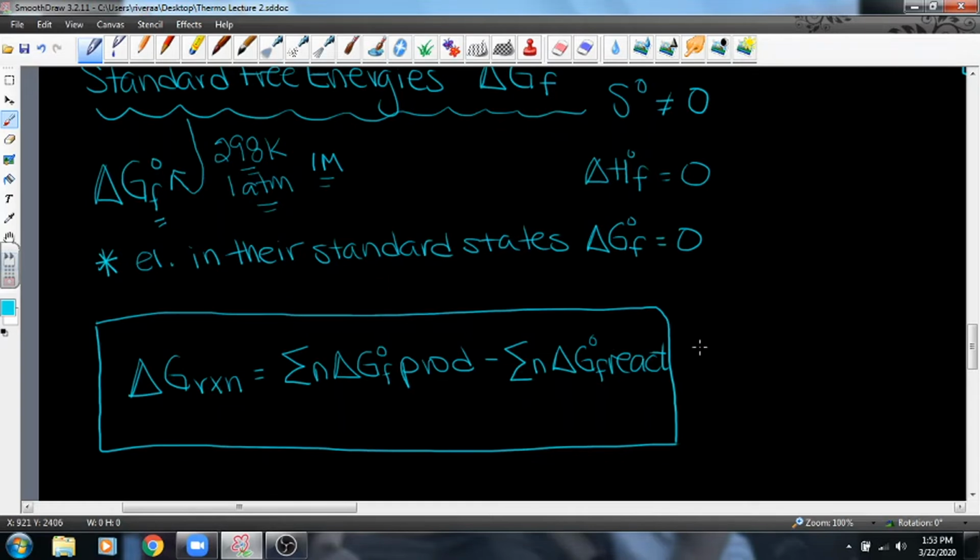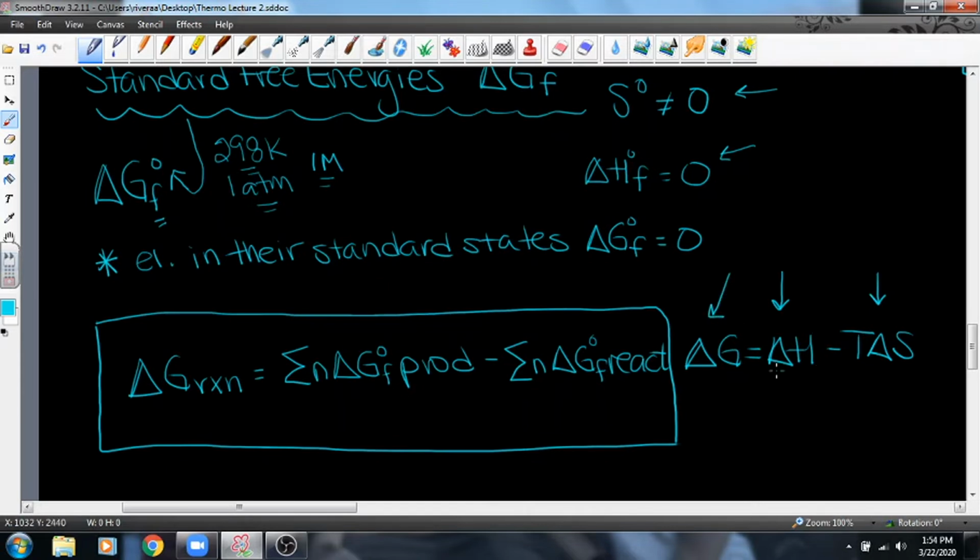But again, we don't use that one as often as we tend to use delta G is equal to delta H minus T delta S. There will be some really annoying problems where you have to use heats of formation. You have to use these guys to calculate that, and then you have to use these guys to calculate that, and then combine those to calculate that, right?